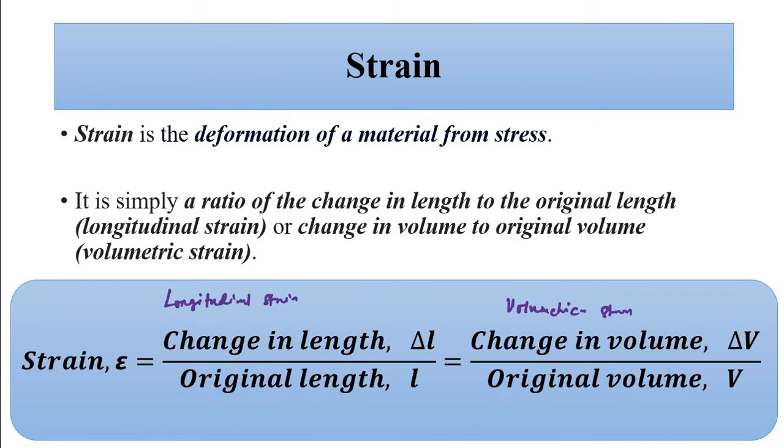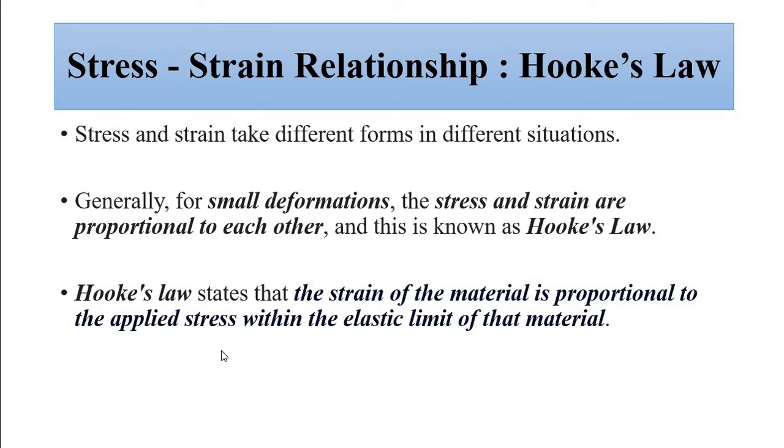Another important law which forms the basis of the design of this magnetostrictive transducer is Hooke's law, which states that for small deformations, for very small change in length or volume or cross-sectional area, stress and strain are proportional to each other. That is, the strain induced in the material is directly proportional to the applied stress.